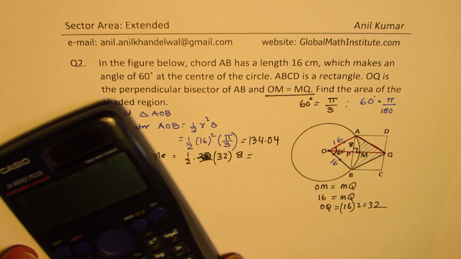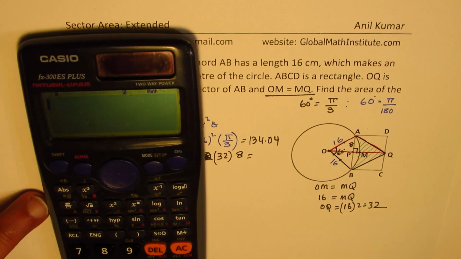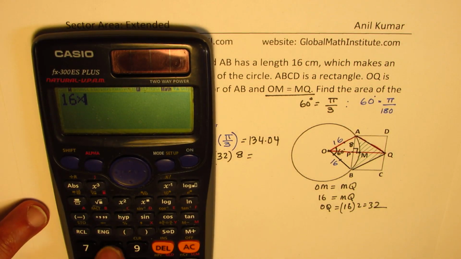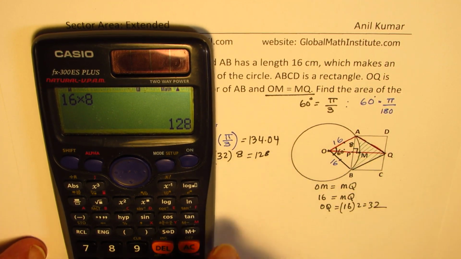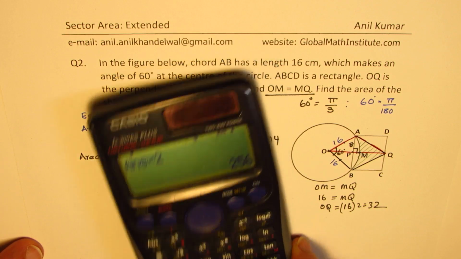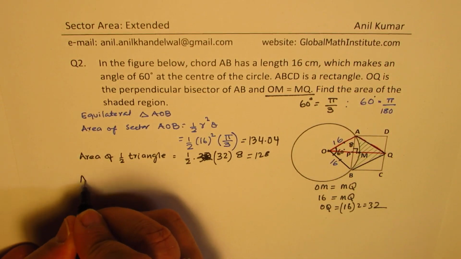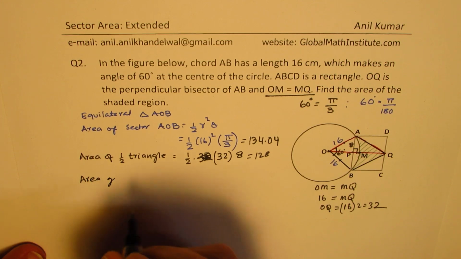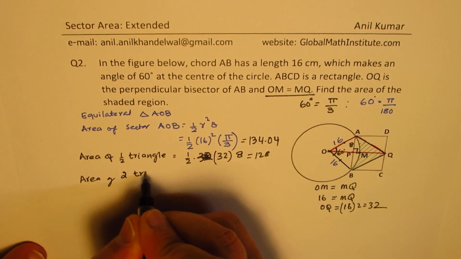So area of half the triangle is that much. We'll multiply later by 2. So at present, 16 times 8, half of 32. So we get 128. Okay. We'll multiply this by 2 to write 256, area of full triangle. Two triangles.